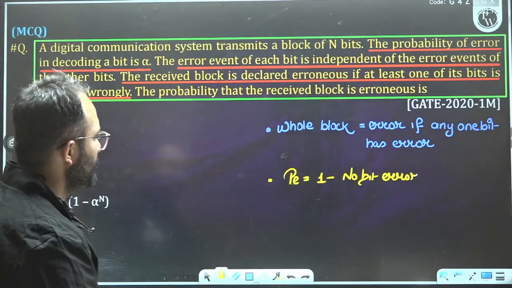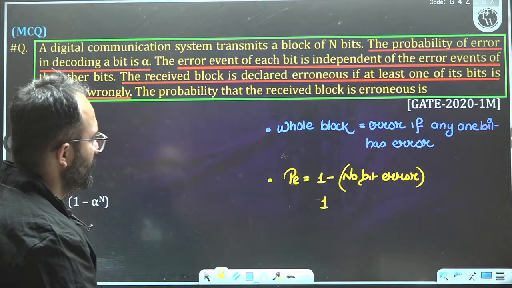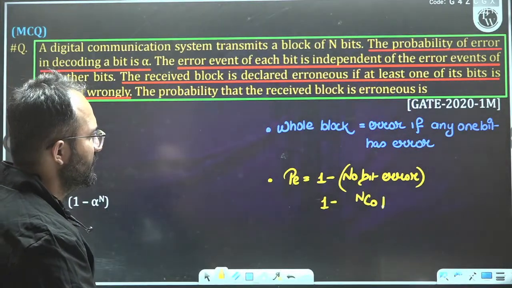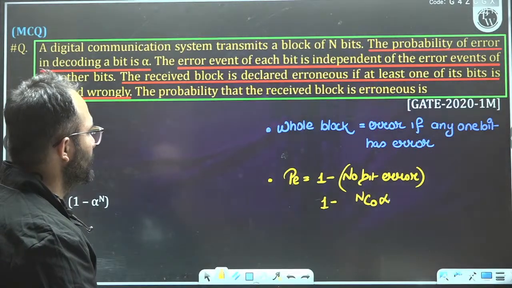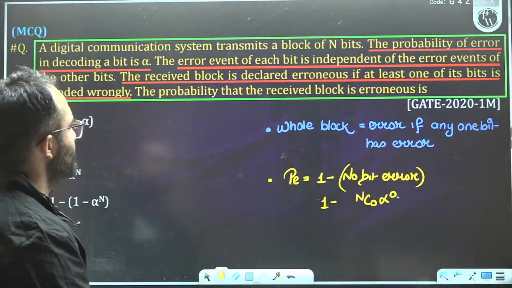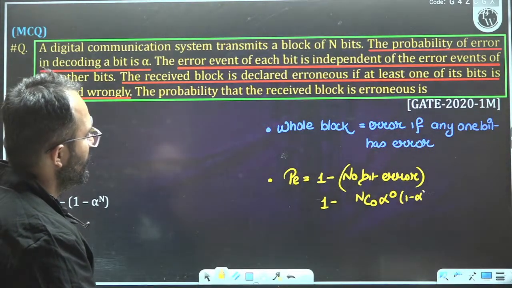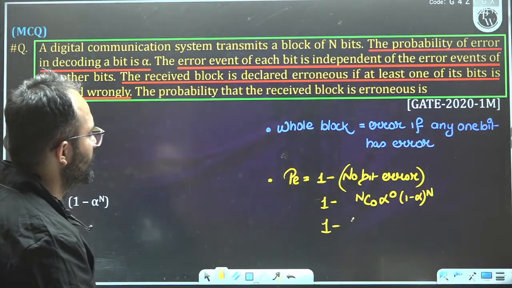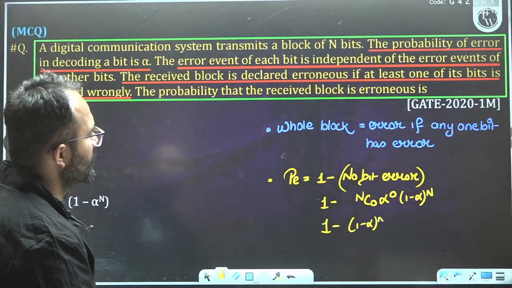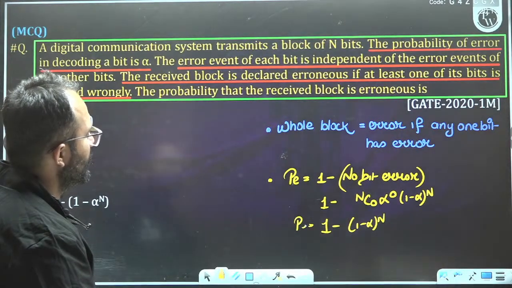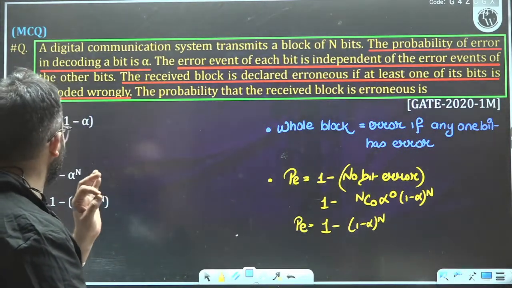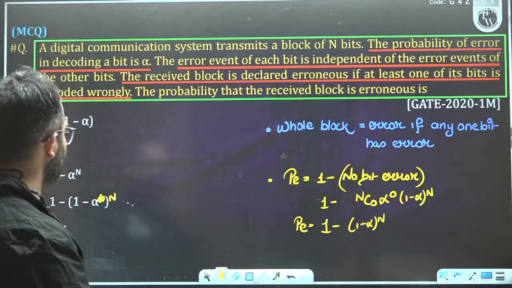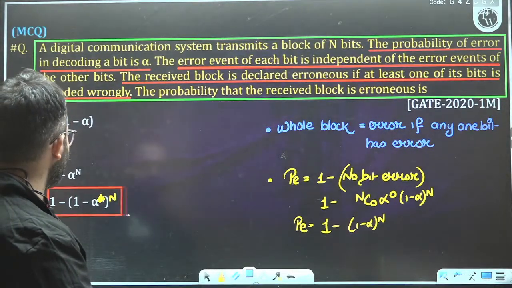Okay, 1 minus no bit error, that is 1 minus nC0, no bit should have error, alpha to power 0, 1 minus alpha to power n. nC0 is 1, so 1 minus the probability of error, a very simple binomial problem that we can get. n should be outside this. So 1 minus alpha to power n.